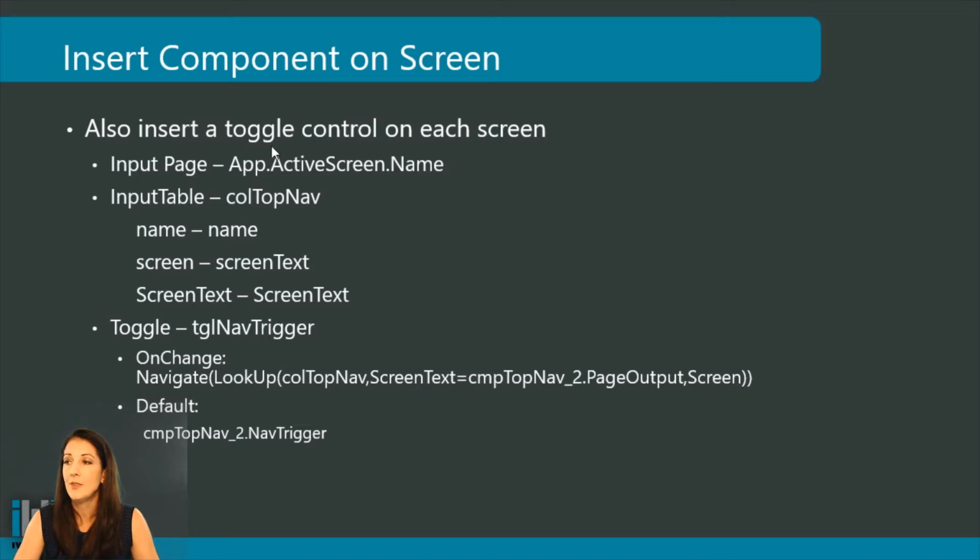So this is what we're defining when we insert the component on all these different screens. We can just insert it on one and then copy and paste it to the other ones. And then we'll insert a toggle. I just like to call it toggle nav trigger. And on change, that's where it's going to navigate. So we'll put all that together now too.